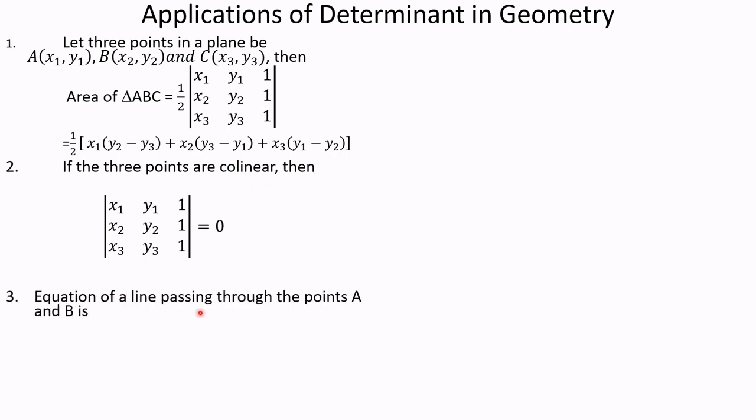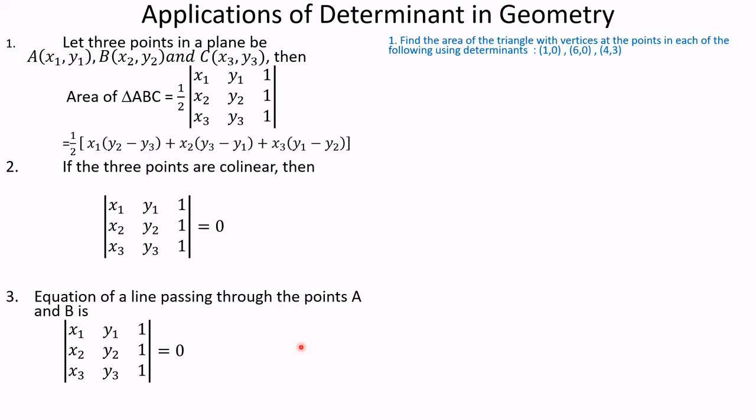Equation of a line passing through the points A and B is given by the determinant of order 3 by 3, x1, y1, 1, x2, y2, 1, x3, y3, 1, equal to 0.